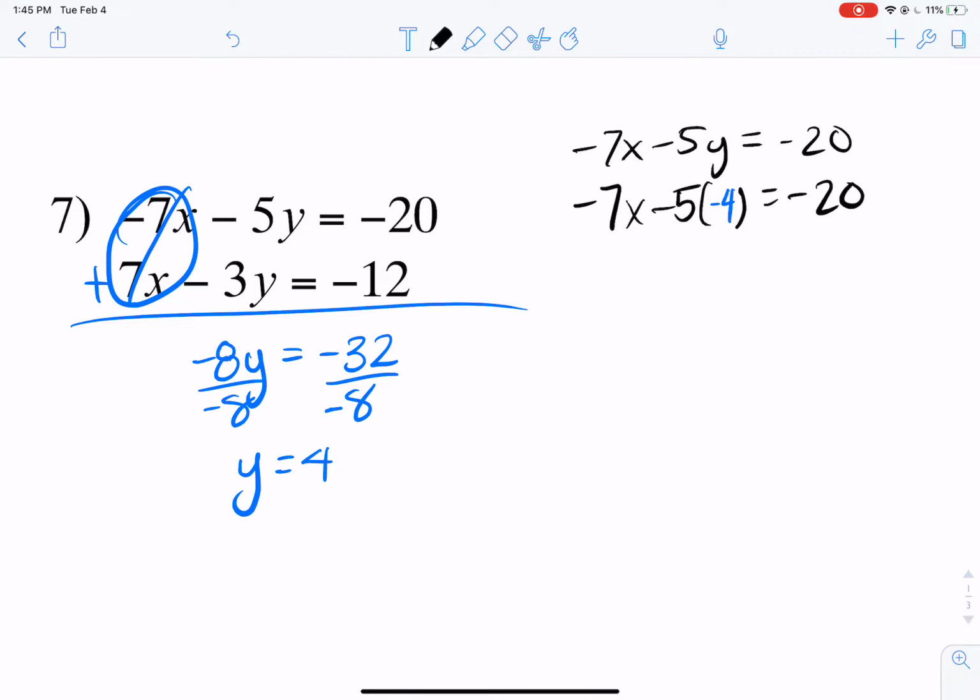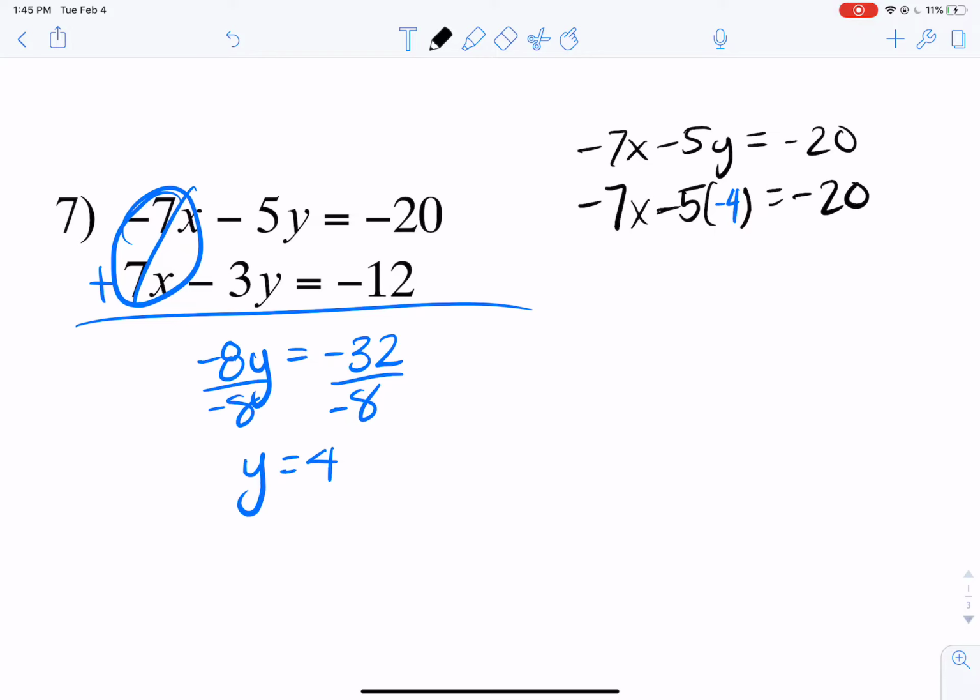So again, what I do first before I start using the inverse operation is that I multiply. So again, I'm multiplying a negative with a negative. So this negative 7x is going to just be brought down. But when I multiply these two things together, that's going to make it into a positive 20. No, I'm sorry, negative 20. Excuse me, hold on. Let me start over because the value of y is positive 4.